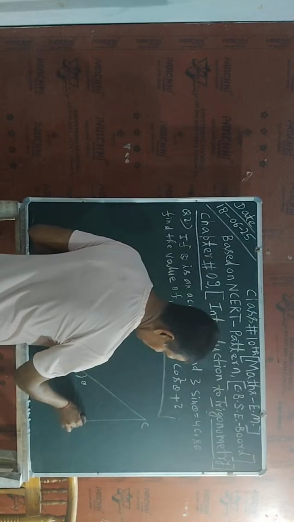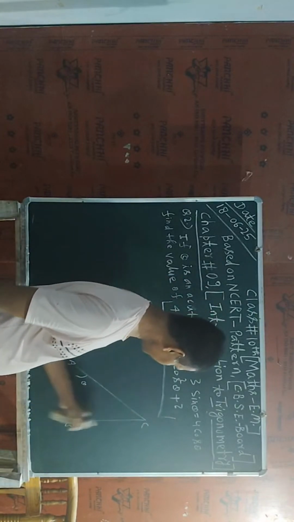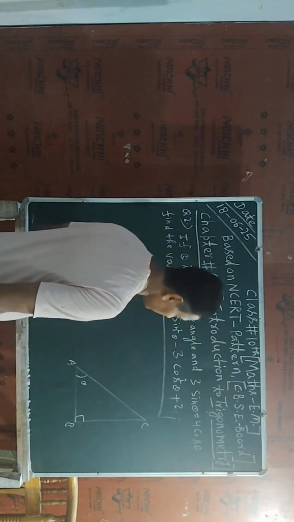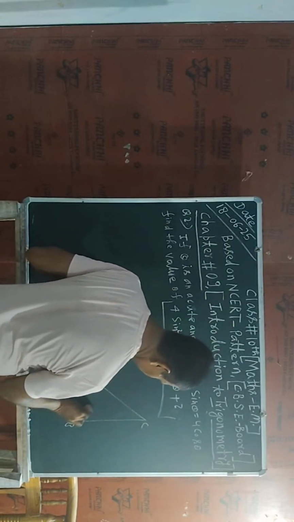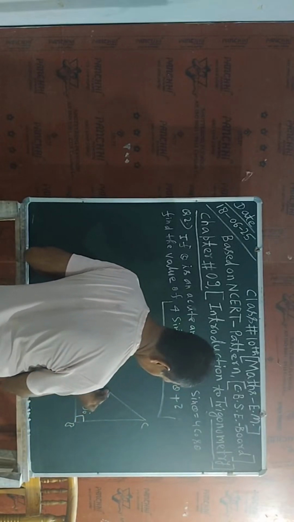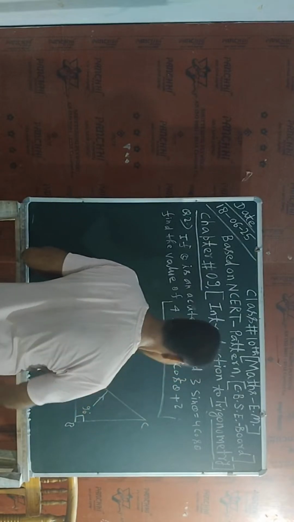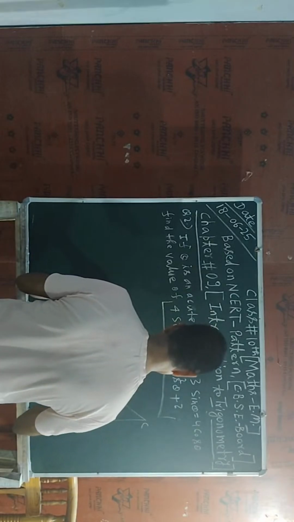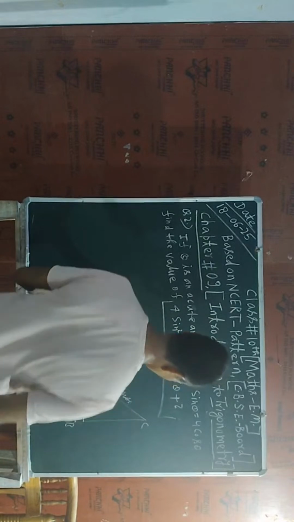Now AB line is perpendicular to BC line and BC line is also perpendicular to AB line. It means that the angle between AB and BC is 90 degrees. Opposite the 90 degree angle I will say hypotenuse, and I will write hypotenuse here.